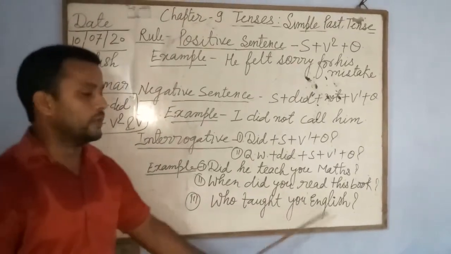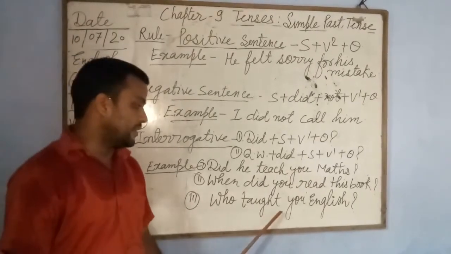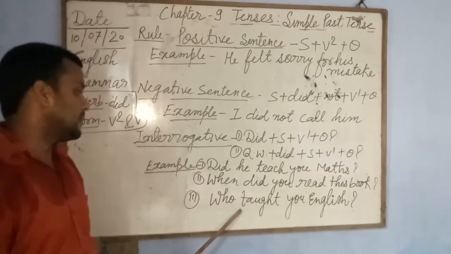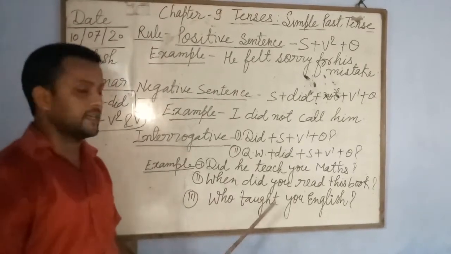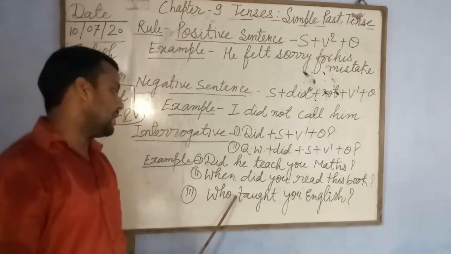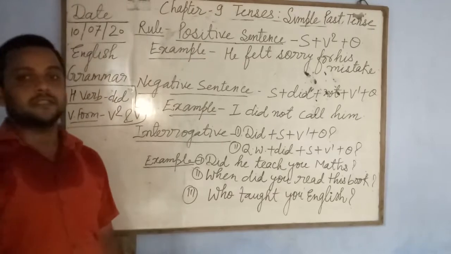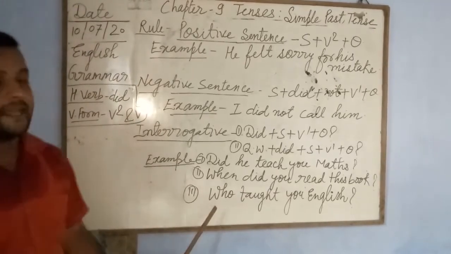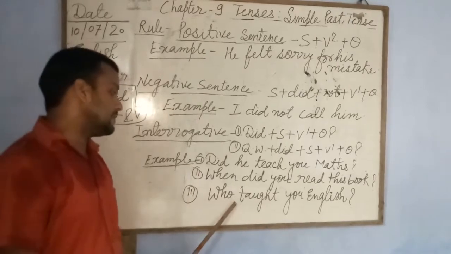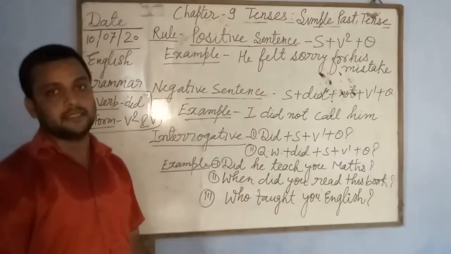Who taught you English? This sentence is also an interrogative sentence, but here I have used verb second form and I have not used any helping verb. I have not used did. Students, it is an exception when an interrogative sentence starts with who in simple past tense.